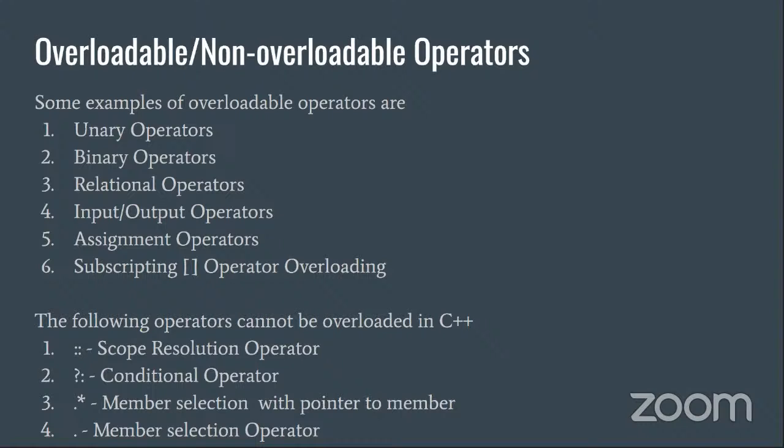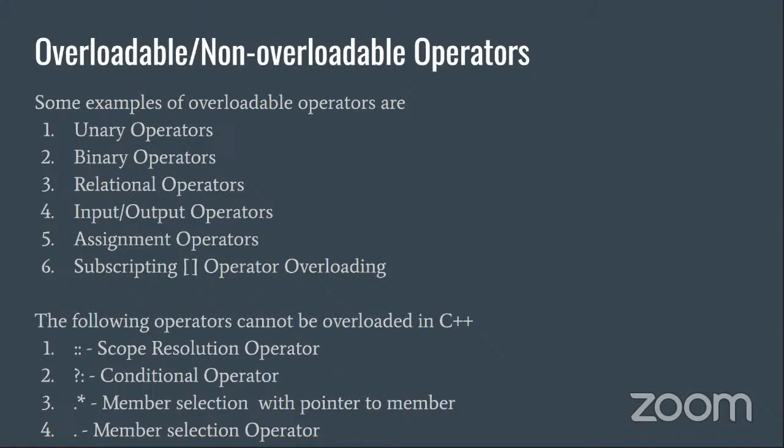Second is the conditional operator. For this we have no fundamental reason to disallow overloading this operator, but it hasn't been seen that there is a need to introduce a special case of overloading a ternary operator. Third is member selection with pointer to member. If we overload this operator, the question is whether the operation is meant for operator overloading or whether it refers to the member with a pointer to it.